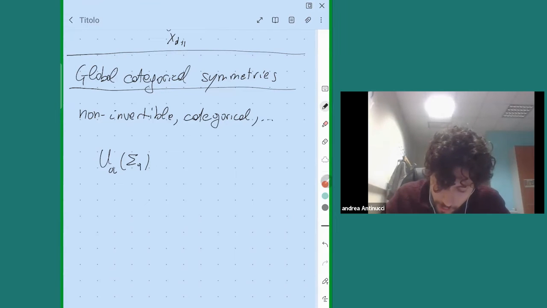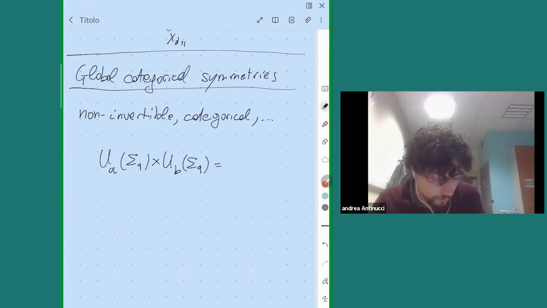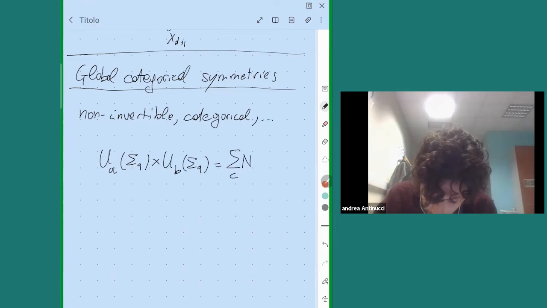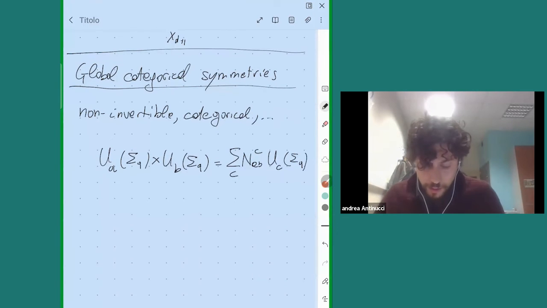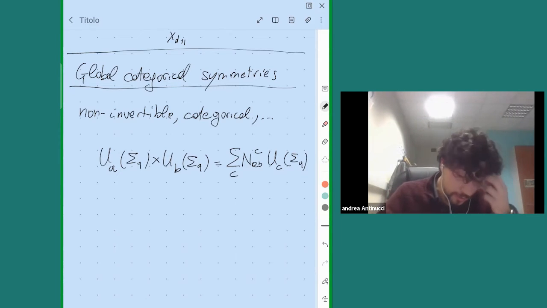So when you fuse two of these operators, instead of producing one other operator of this theory, you get a sum of operators. This is a kind of fusion algebra. So this is a generalization. It's something you cannot get from a simple transformation of the fields in the path integral.